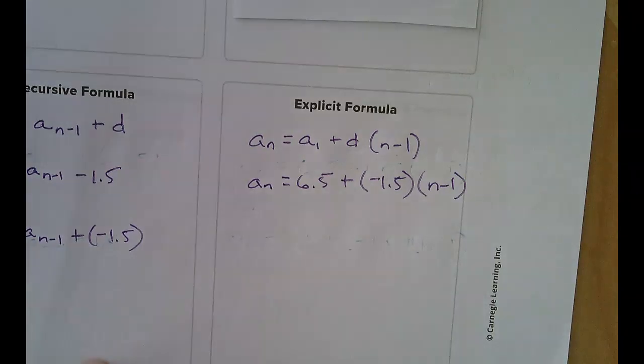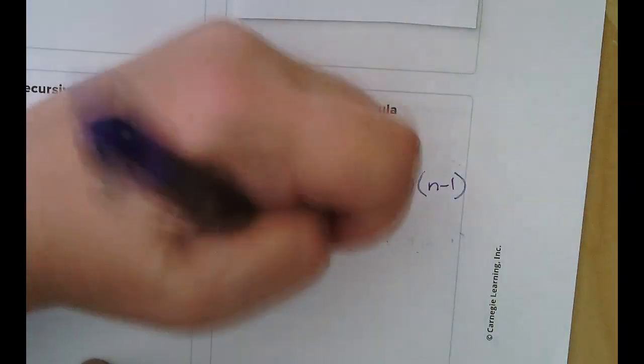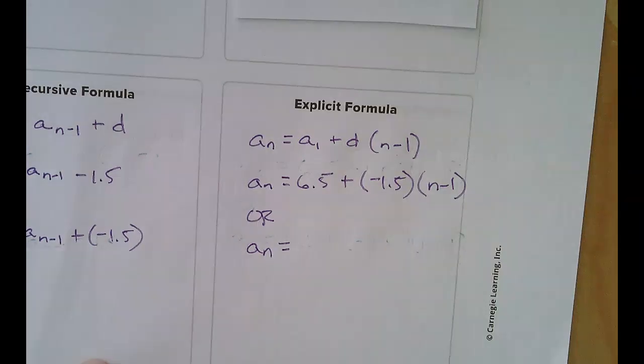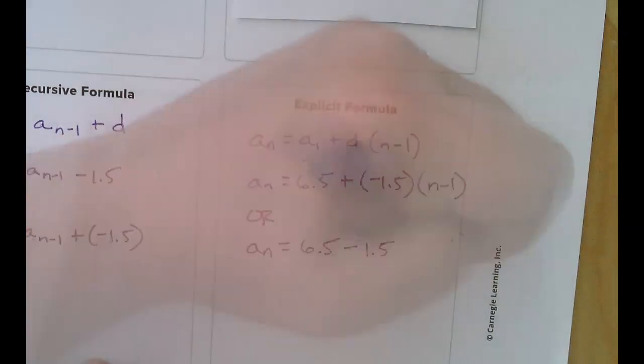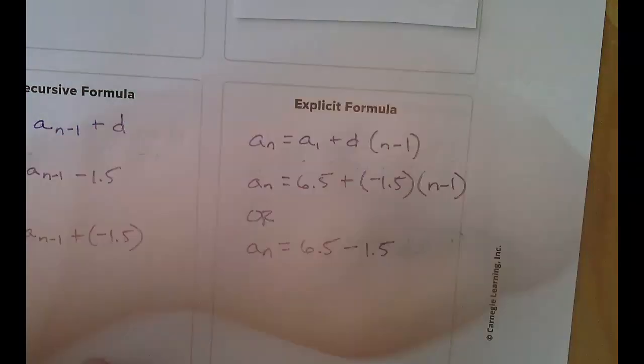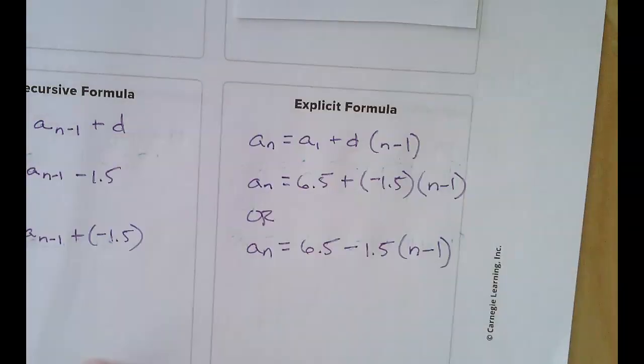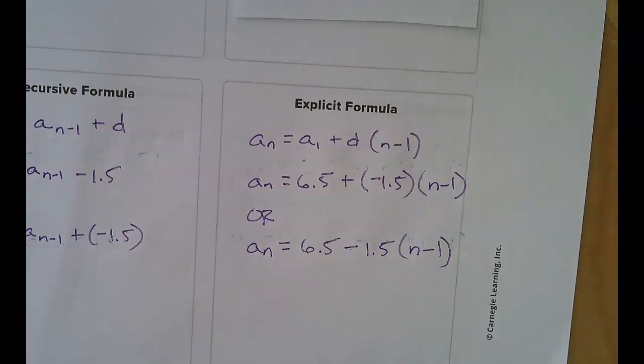Because you have a negative D, you can also write it the other way. Instead of saying plus a negative, just say minus. So A sub n equals 6.5 minus 1.5 times n minus 1. Be careful.